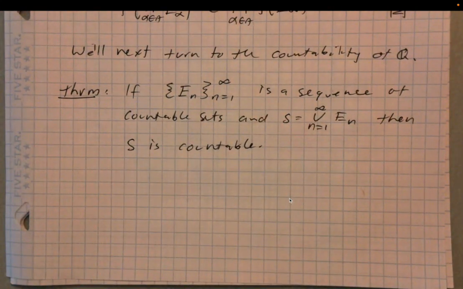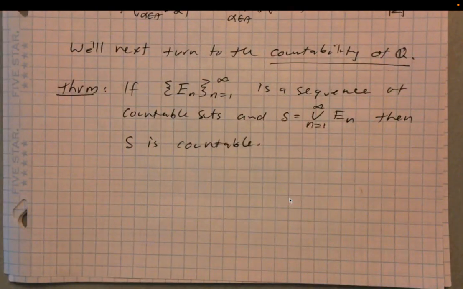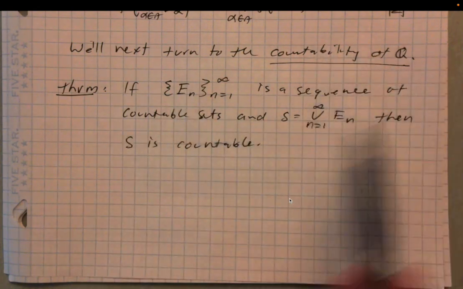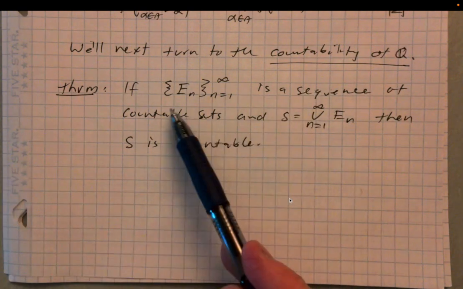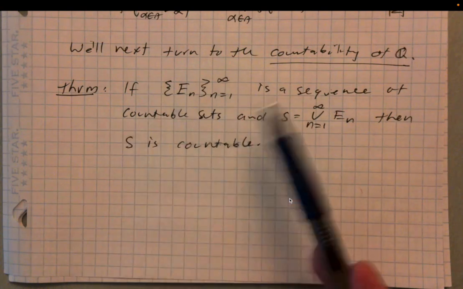Okay. Right, so this is kind of a more general statement than this statement here, obviously. But what this is going to do is lay the groundwork for being able to basically show in one line that Q must be countable, right? This is going to be used as part of the construction of the countability of Q. And so you can see obviously all of the old concepts that we just talked about coming into this theorem.